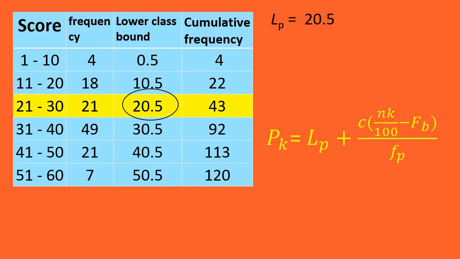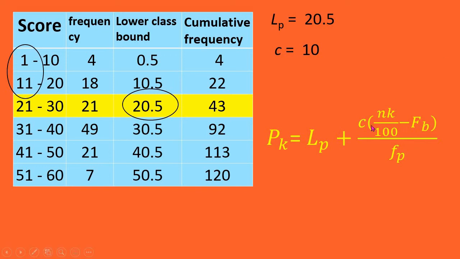So L sub P is 20.5. Next symbol is C, or the class width. We can obtain that by subtracting our lower class limits or the upper class limits: 11 minus 1, or 20 minus 10, and that is equal to 10. So our value of C is equal to 10.